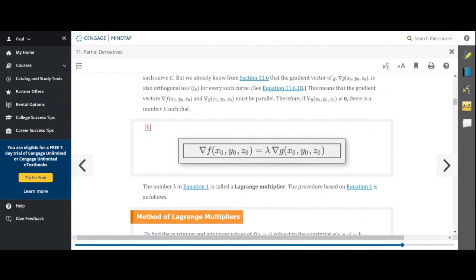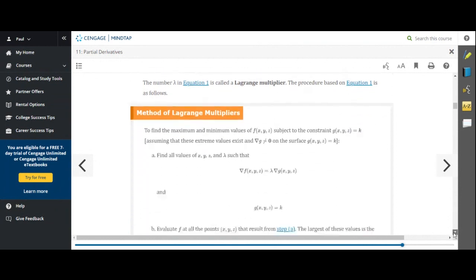It's just they have it for functions of 3 variables, but it's the same principle. And based off of this vector equation, we're going to be able to find maxima and minima of functions relative to constraints. We're using what's called the method of Lagrange multipliers.